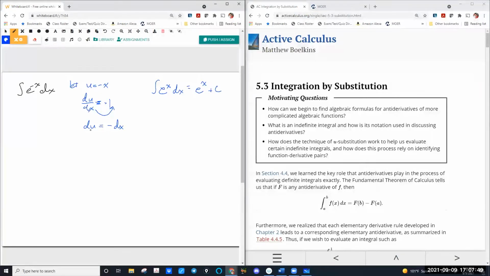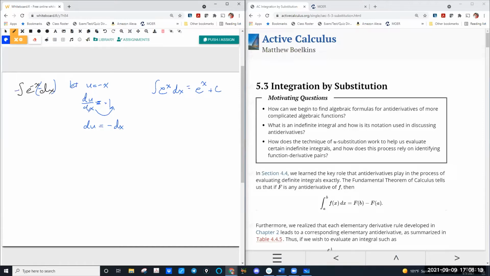Now we're ready to make our substitution, but there's one thing that isn't in there. I have a dx, but I would need a negative dx. I'll show you how I do it, but I'll also show you another way. I say, oh, I need a negative dx in there. Well, I just change my original to have a negative dx right there.